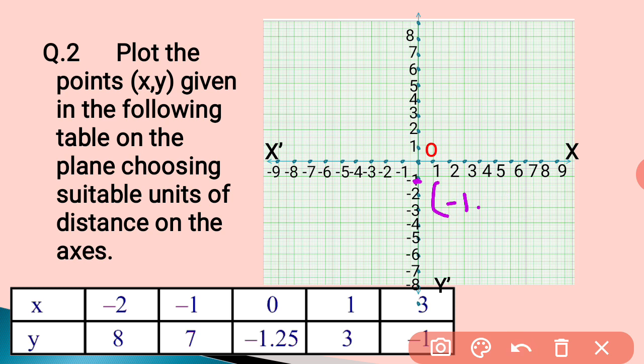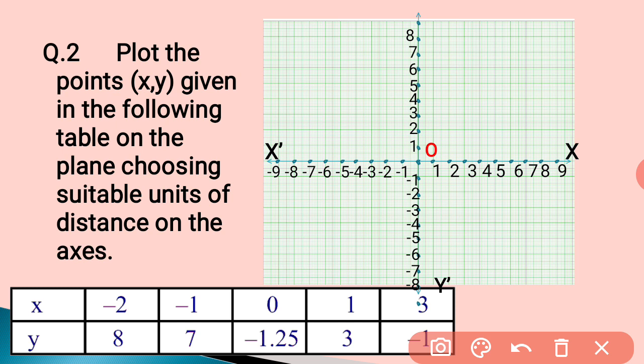Next it is 1, 3. 1 on the x-axis and 3 on the y-axis. It is on the positive side. From y also, and the answer, the plot is done and you have the point 1, 3. The last one now, it is 3, -1.